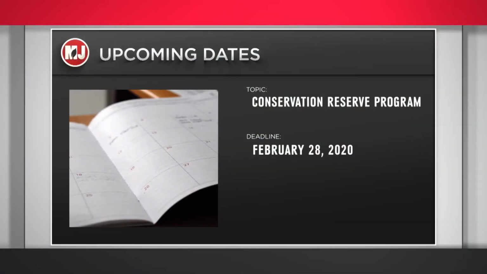You get rental payments on an annual basis for enrolling those acres into this program. And then you also get the environmental benefits that come with putting long-term cover, meaning grasses and trees, on those acres. The deadline for the CRP program is February 28th, and Bobbie highly recommends calling in and setting up an appointment to go over your application before the deadline.